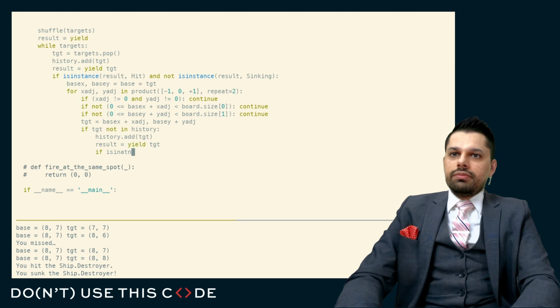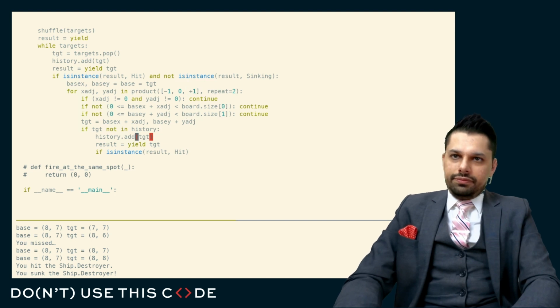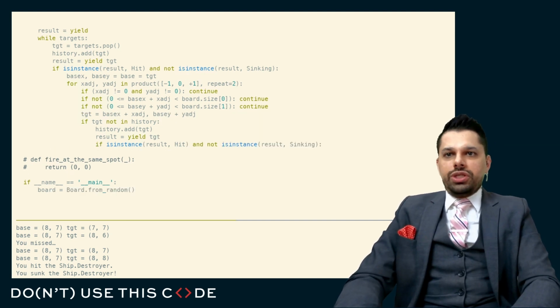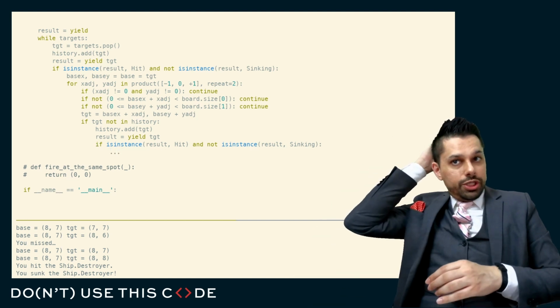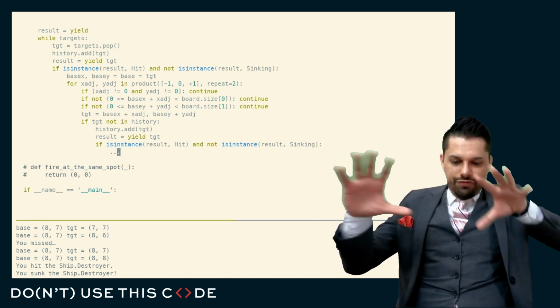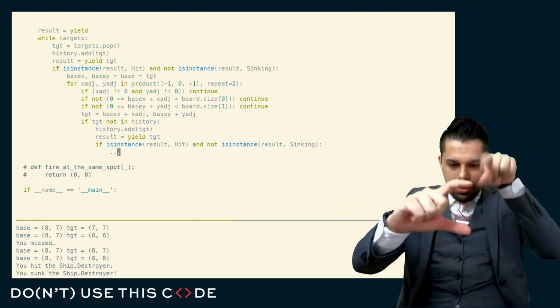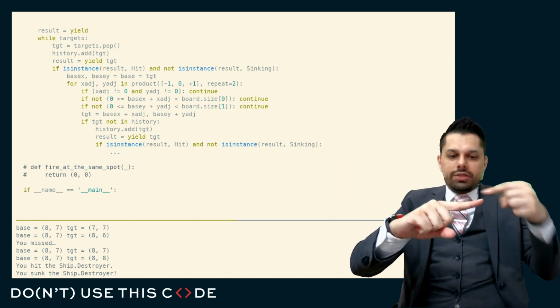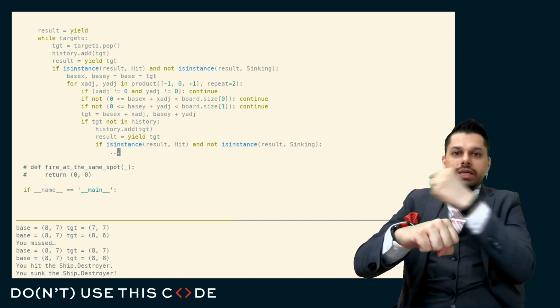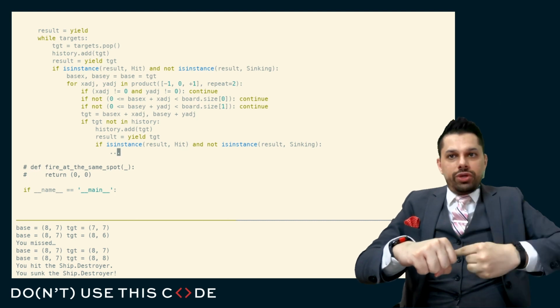So if this thing was a hit and not a sinking, then we have now a sense of what the direction is, and then we can go into another portion here. What you can see here is that the ultimate strategy is really randomly fire, hit something, do a pattern search around it. Once you find something, then you know what the orientation is, and you just go linearly straight to the left, straight to the right, straight up, straight down.